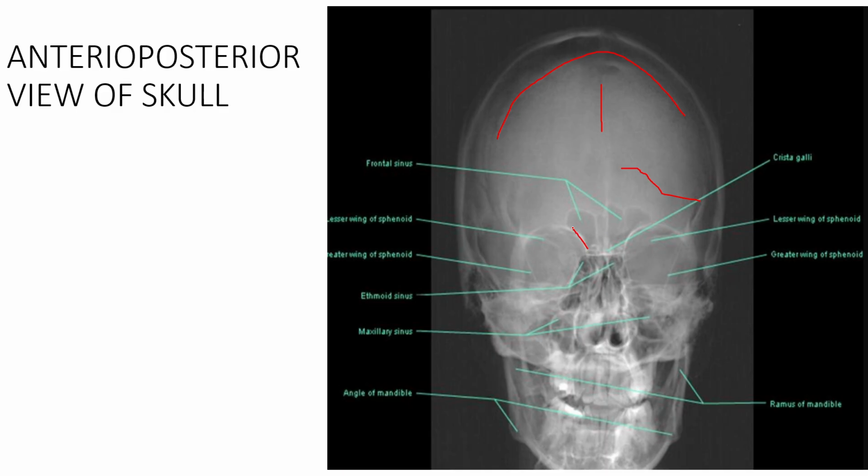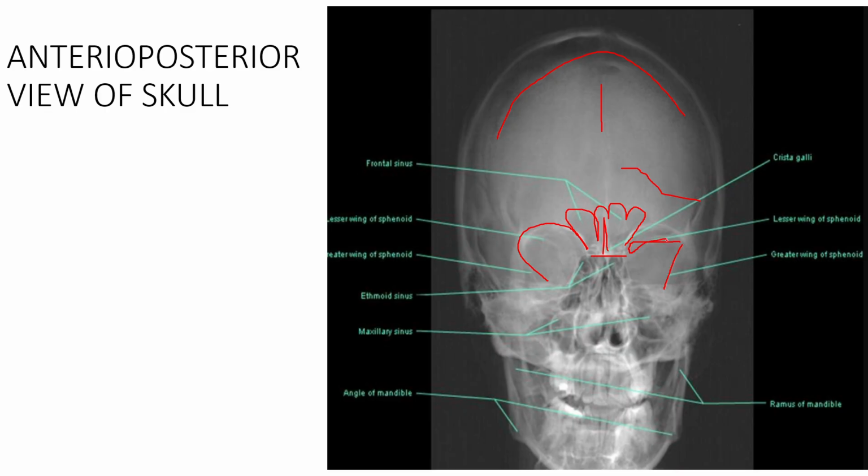What we see clearly in AP view is the frontal sinus, the area of crista galli, the ethmoid, cribriform plate of ethmoid, the orbital margins, the greater wing of sphenoid, and the lesser wing of sphenoid.